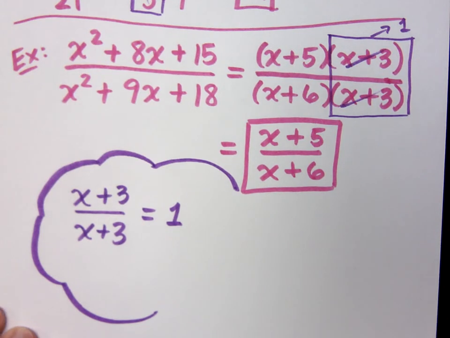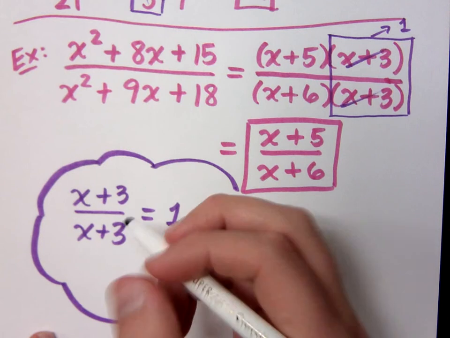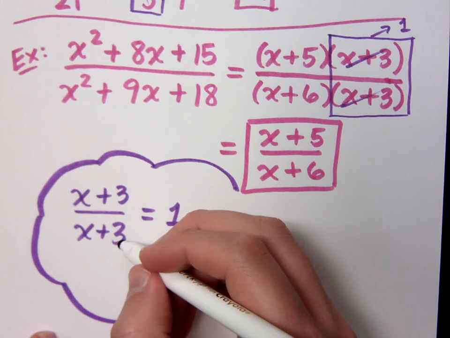That was something that we learned. But we also learned a little catch to that. Anything divided by itself is 1, except for what number? 0. What is 0 divided by 0? No, it's not 0. It's undefined.